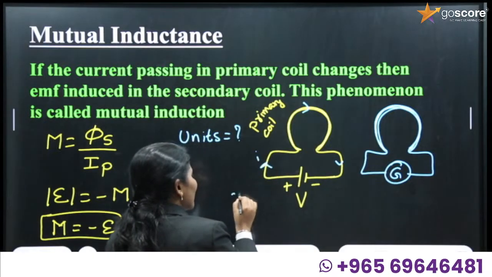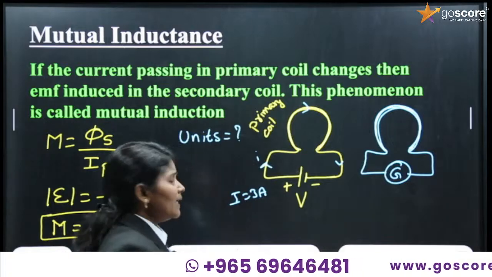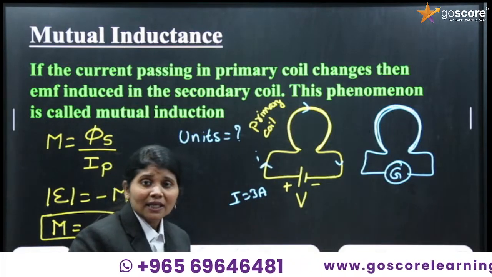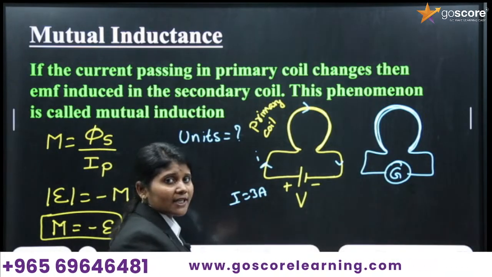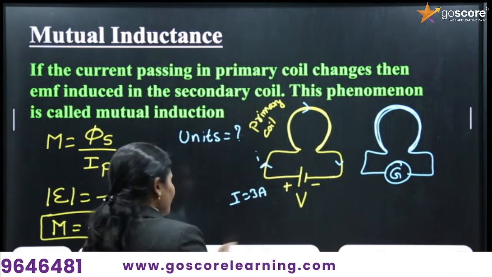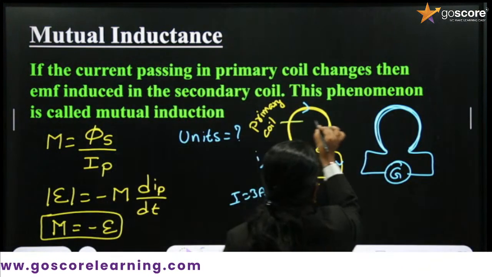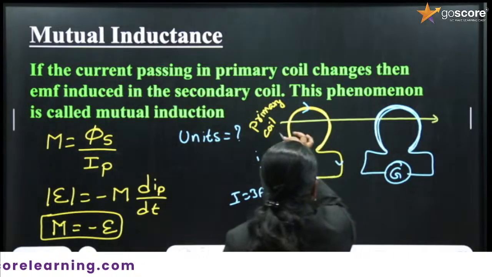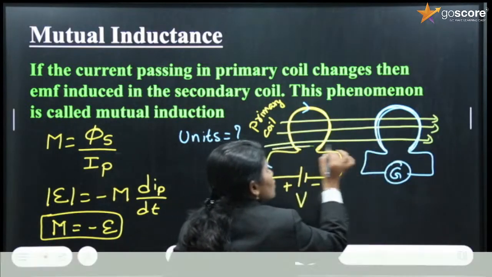Here also I am giving a current of 3 amperes or 5 amperes, but the current is gradually increasing according to the voltage. The coil is producing a magnetic field. That magnetic field is passing through the secondary coil also.